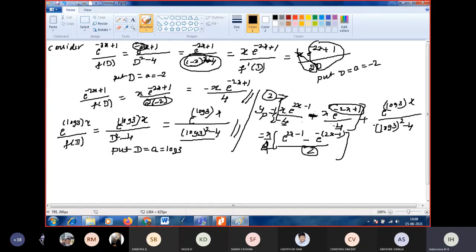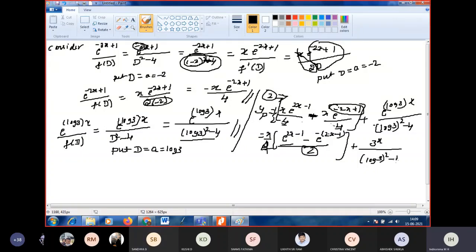In the numerator I took x as common, then e power 2x minus 1 as it is. Here I took minus common in the power, so it becomes minus of 2x minus 1. So plus, e to the power of log 3 into x is nothing but 3 power x only, correct?